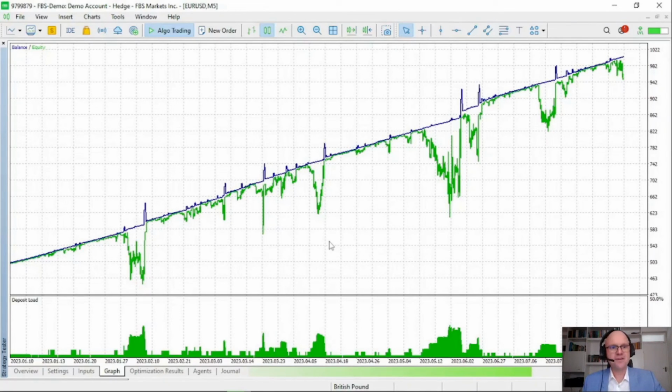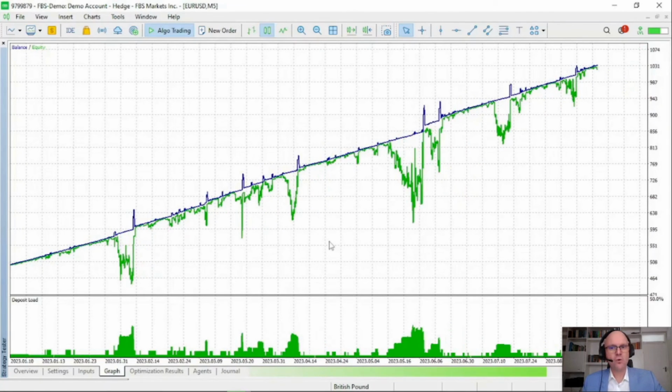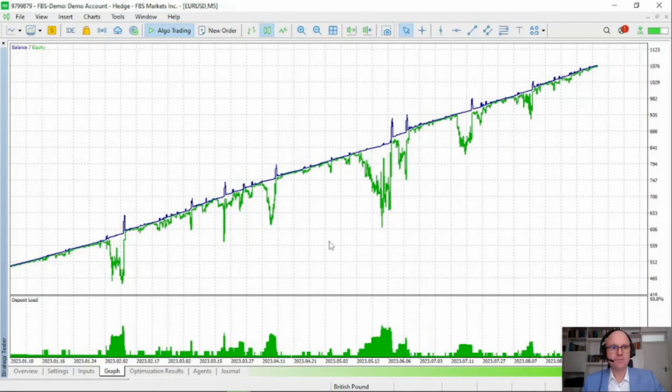On top of all of this, there are pairs that are more prone to sideways market or returning to the mean, and there are pairs that are more trendy than others. For example, I would recommend if you wanted to trade the Euro USD on a small balance, by combining all of the different mistakes into one, you could potentially trade the Euro USD.